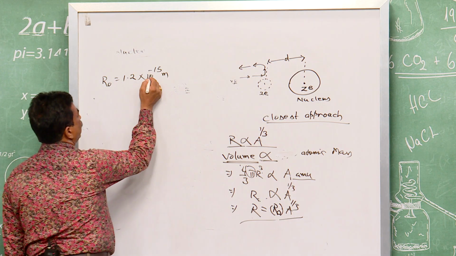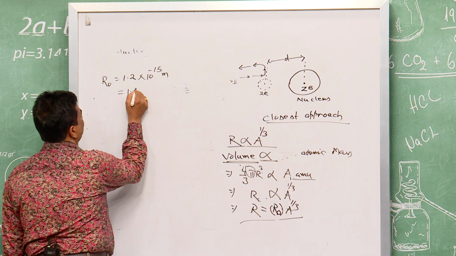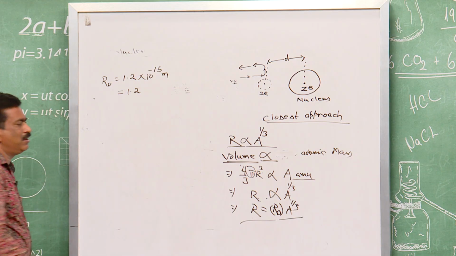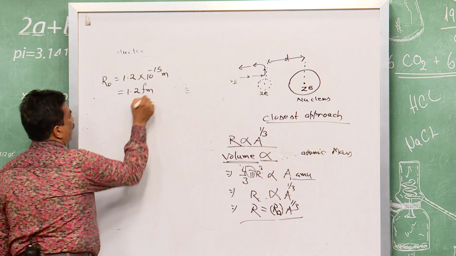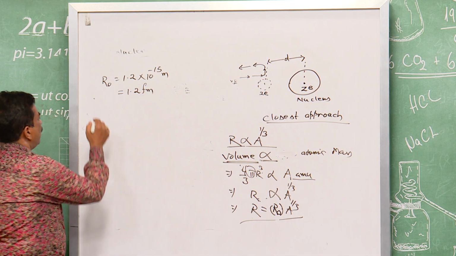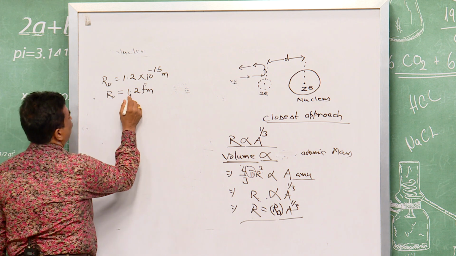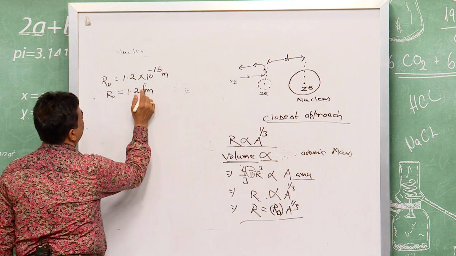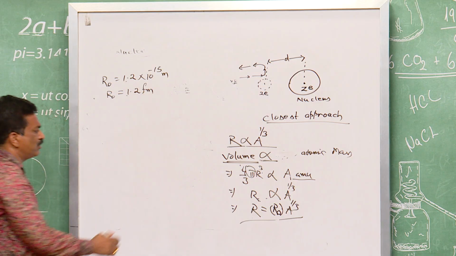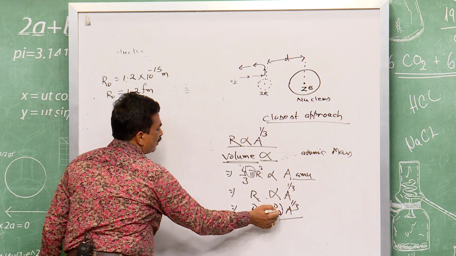So 1.2 into 10 to the power minus 15 meter, how much is that? That is a femto, that is FM. So R0 is equal to 1.2 FM, and R is equal to R0 A to the power of 1 by 3.